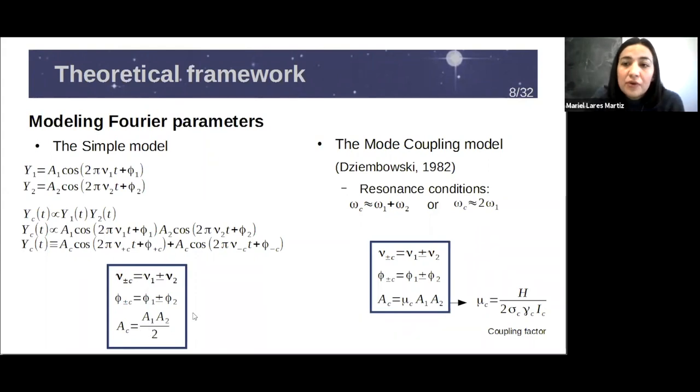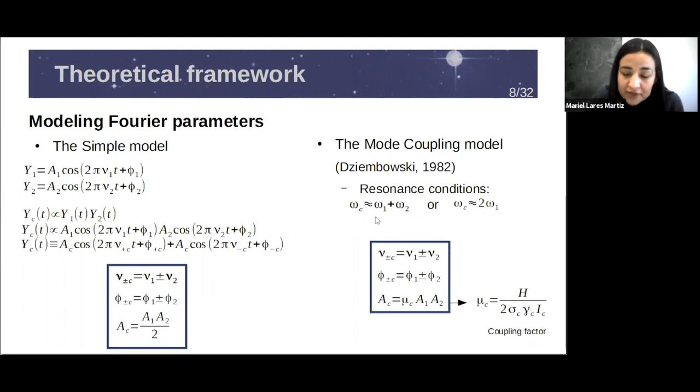For a mode coupling model, when any resonance condition, like for example these ones, is met, we can see a previously stable mode become unstable.